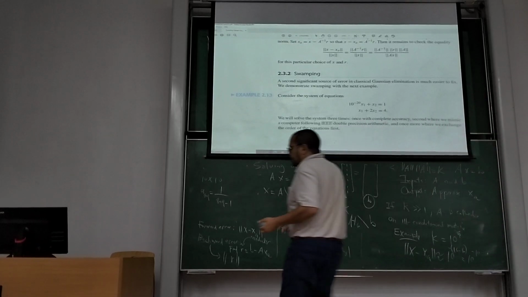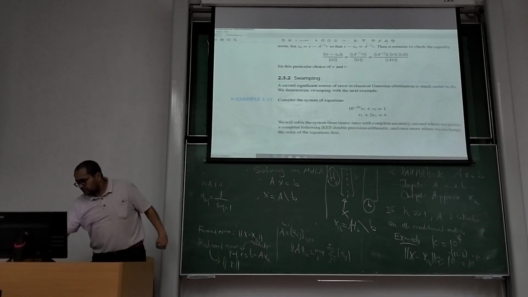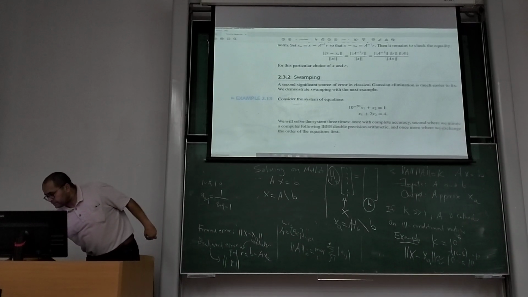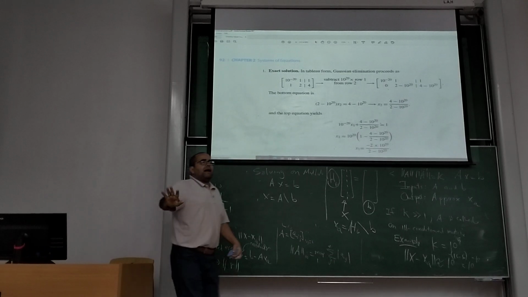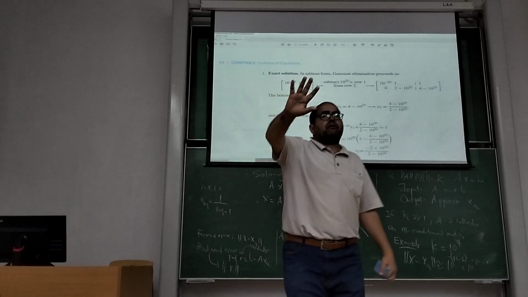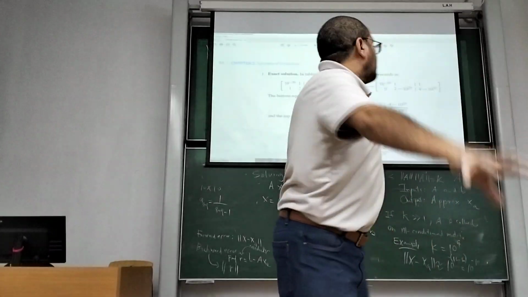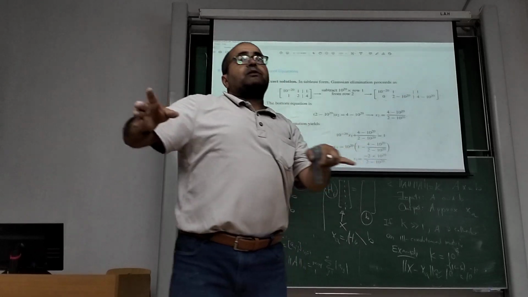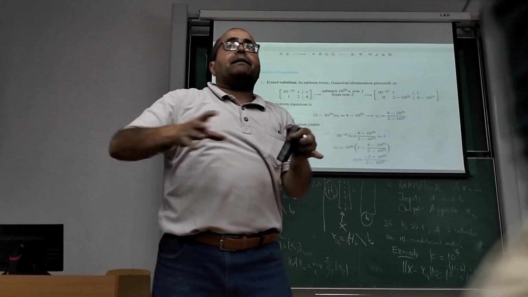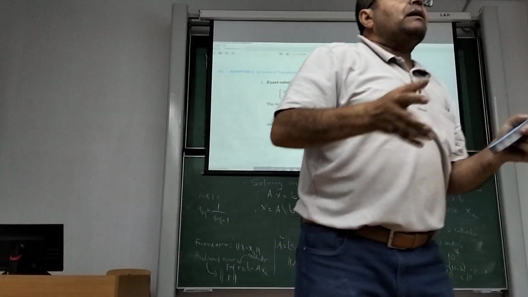So here is how we solve it. Can you check Gauss elimination? Is anybody having a problem with Gauss elimination? One more time, how would it go? Look at the first entry there, it's almost a 0. It is 10 to the minus 20, which is almost 0.